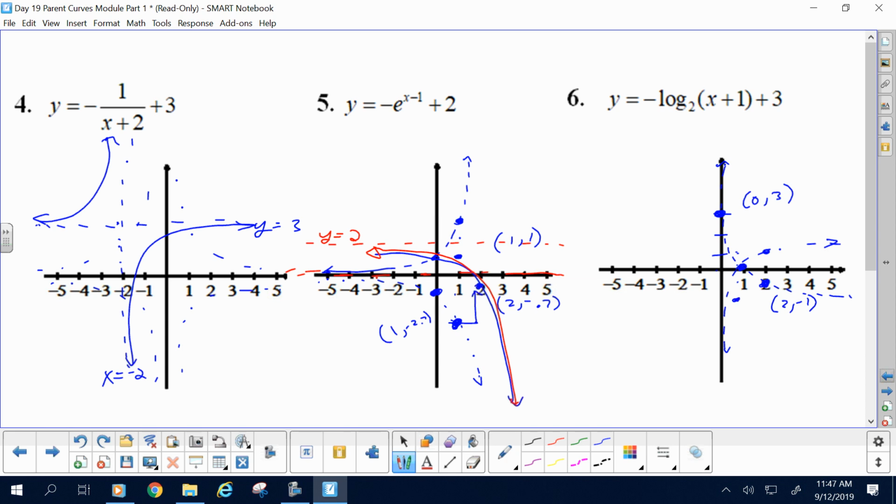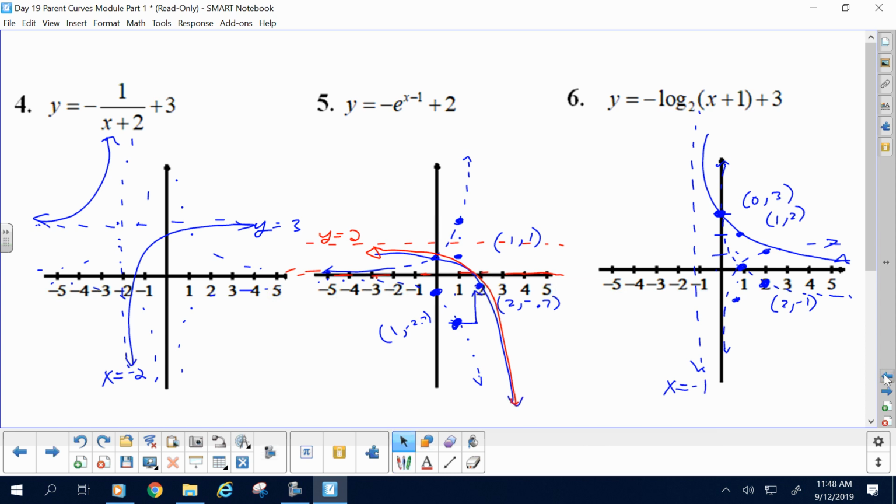Then we go up 3, which puts it at 1, 2. You with me? All right, where's the asymptote? Negative 1, what's the full equation? X equals negative 1. That's a humdinger.